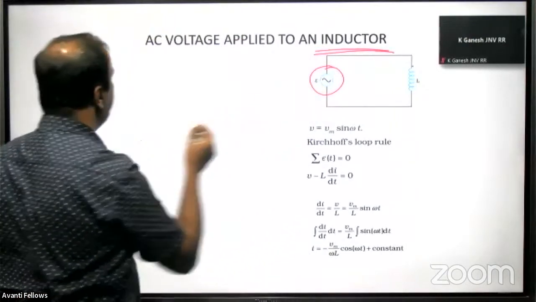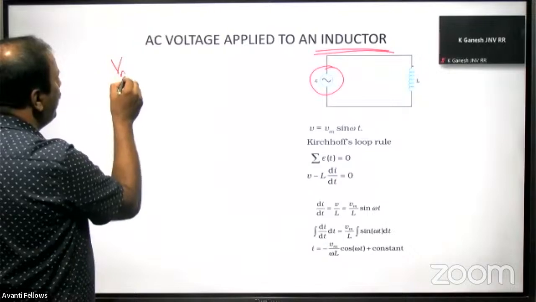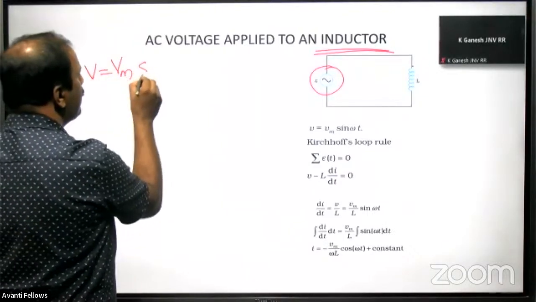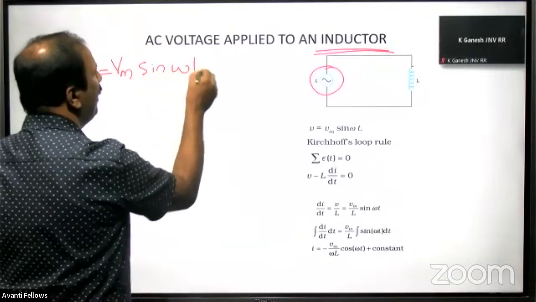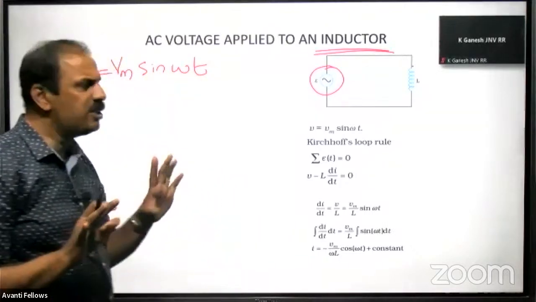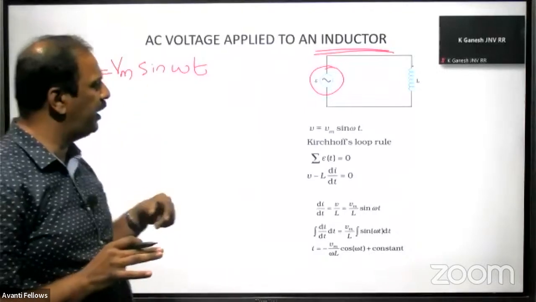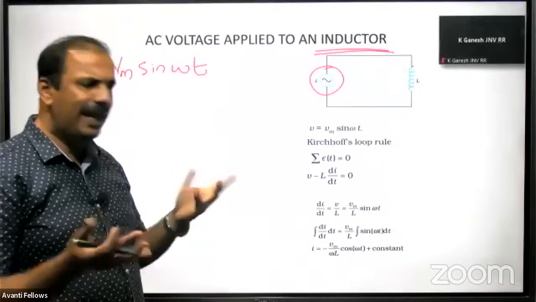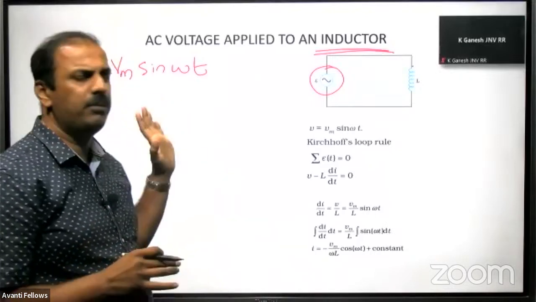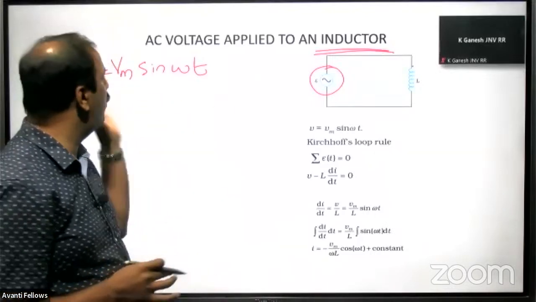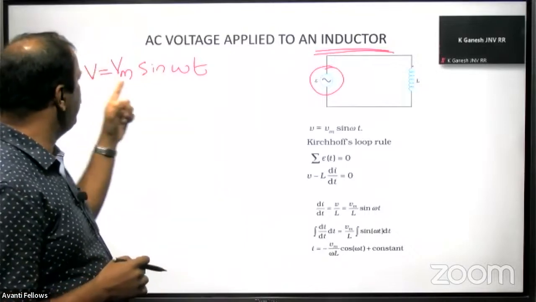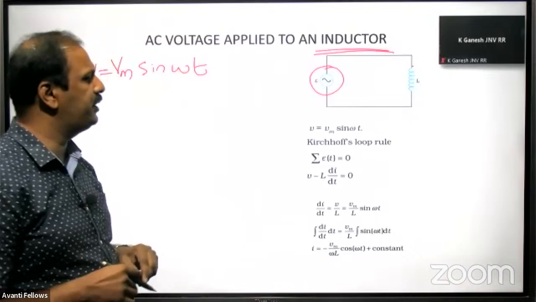In all the cases, we will take V is equal to Vm sin omega t, just for our easiness. With respect to that, we will find out the current. It can be opposite also, but for uniformity, we take the voltage like this, and with respect to that, we will check where the current is. So V is equal to Vm sin omega t is the voltage here.